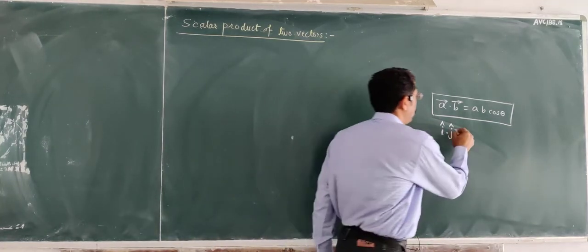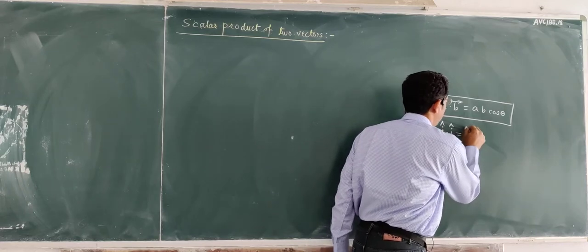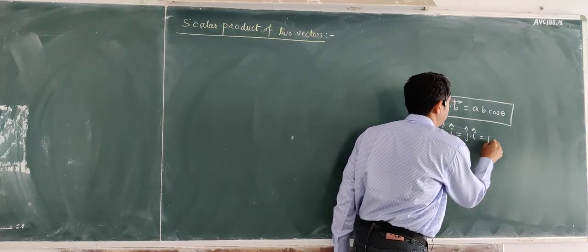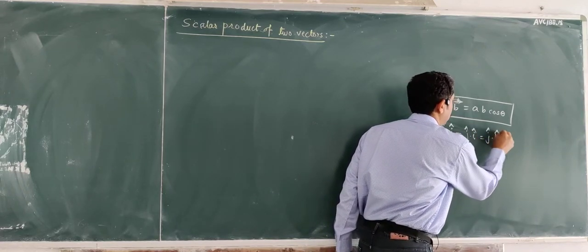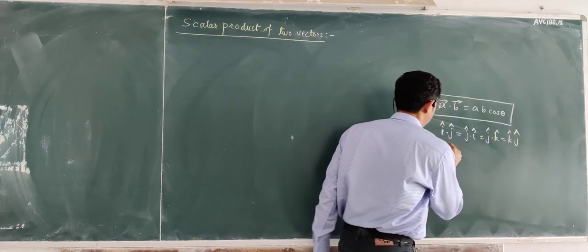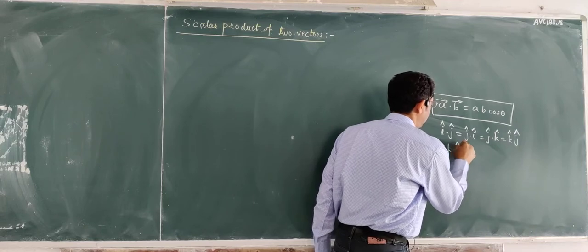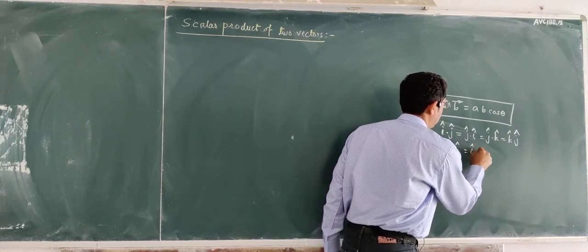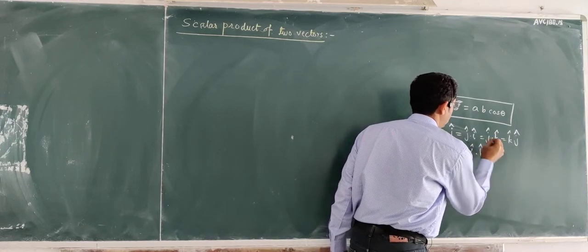That is why i dot j is the same as j dot i, j dot k, k dot j, k dot i, i dot k, all equal to 0.